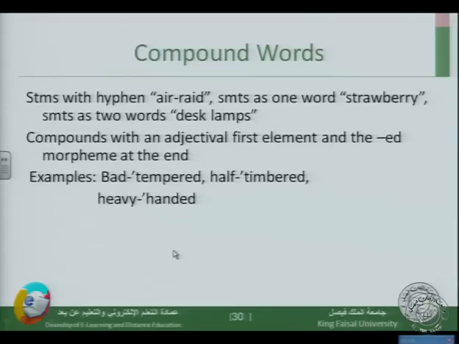How about compound words? They are written with a hyphen, like this one, or as 2 words, like strawberry or disc lamps. These are all compound words. Compounds with an adjectival first element and the -ed morpheme at the end, as you can see: bad-tempered, half-tempered, heavy-handed.